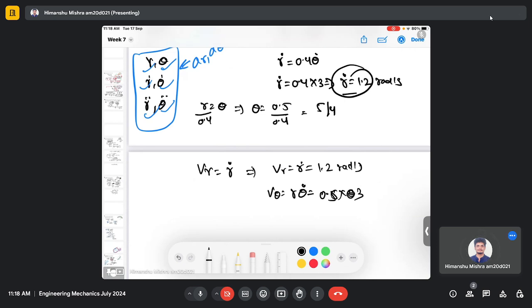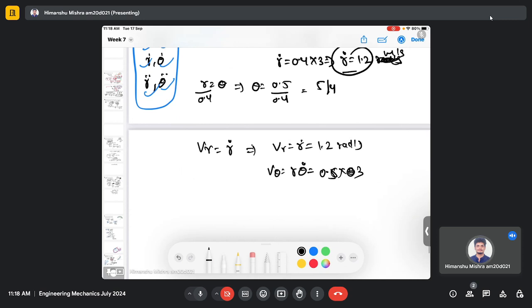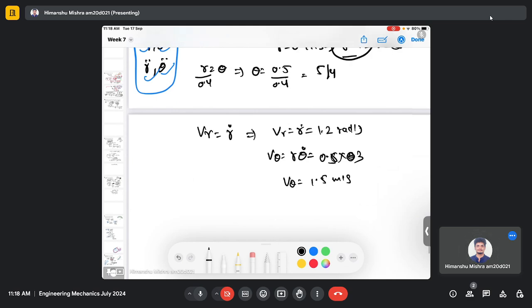Sorry, it should not be rad per second. So v theta will be 1.5 per second. So my magnitude will be the square root of v r squared plus v theta squared. So it will give me 1.2 squared plus 1.5 squared.